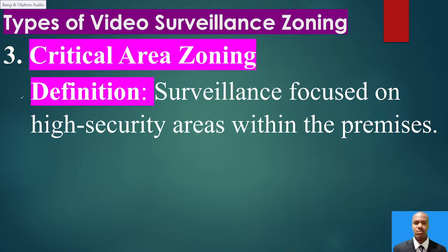A person who does fruit farming at his or her premises may require this kind of video surveillance zoning, simply because he has an area of interest, and that area of interest needs to be protected at all cost. He has to take care of that area to ensure that there are no intruders coming to reap what they haven't taken care of.